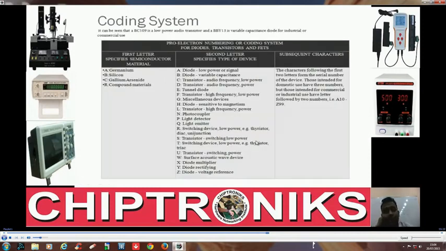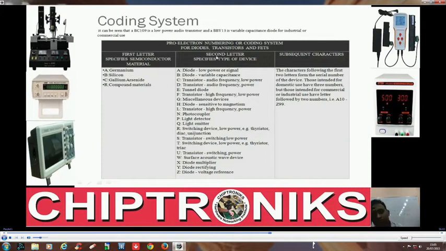Basically there are two kinds of coding system present in the world for semiconductor devices. One we call the Pro Electron numbering system. In that, the first letter specifies the semiconductor material and the second letter specifies the type of device. So in BC109, B means silicon, and C is transistor. So BC109 is a low power audio frequency transistor, and in BBY13, B stands for silicon and the other B is a variable capacitance diode.